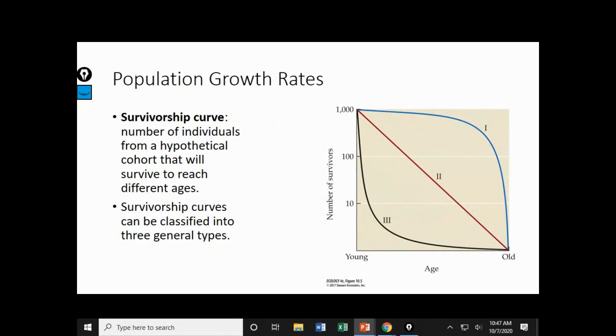All right, so survivorship curves, okay, basically deal with how many individuals that were born are literally going to survive to a past breeding age, or at least a full year of breeding age, because there's a handful of organisms that only breed once, right? Okay, so fulfilling a full life cycle.